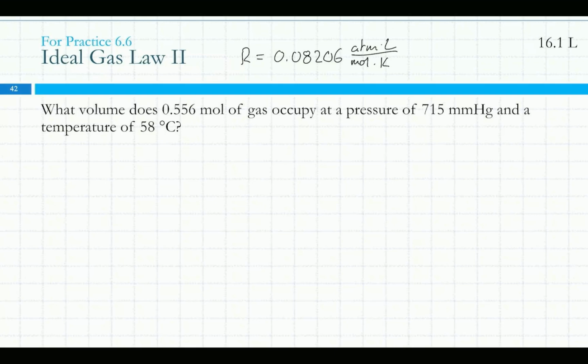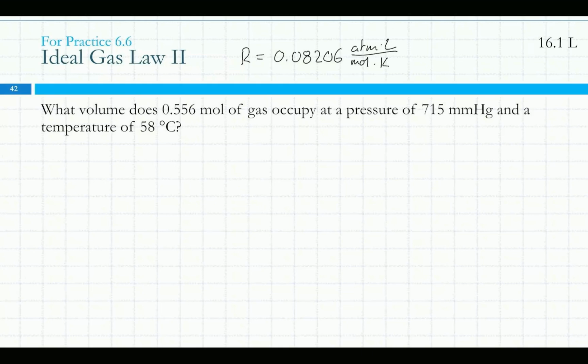So when I look at a problem like this, it says what volume does 0.556 moles of a gas occupy at a pressure of 715 millimeters of mercury at a temperature of 58 degrees Celsius. So I can compare these units. For pressure in millimeters of mercury and temperature in degrees C, does that match R?